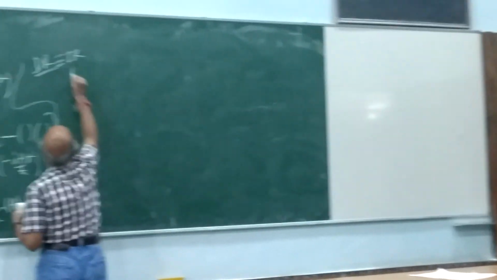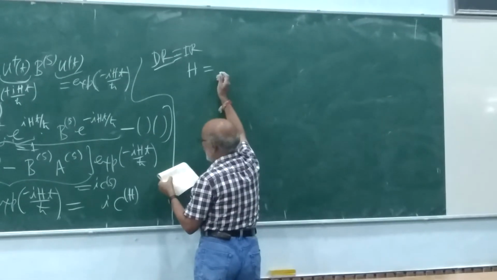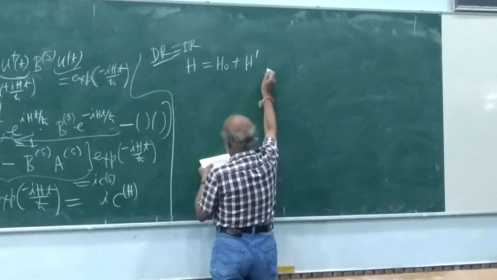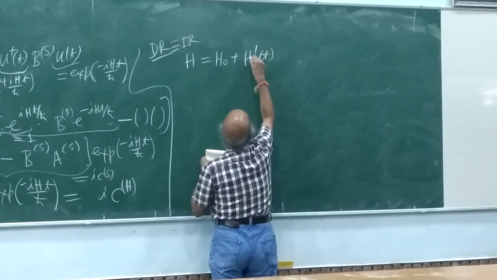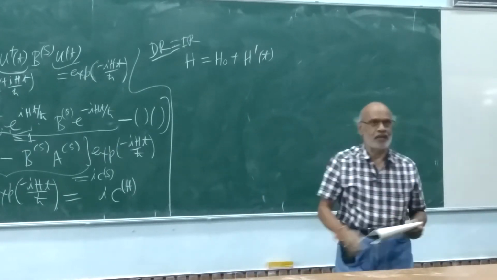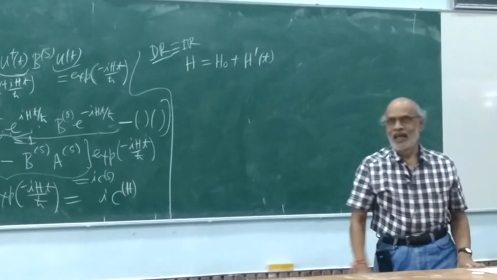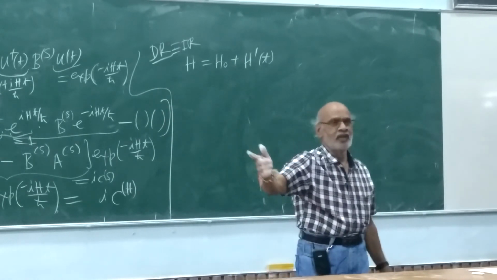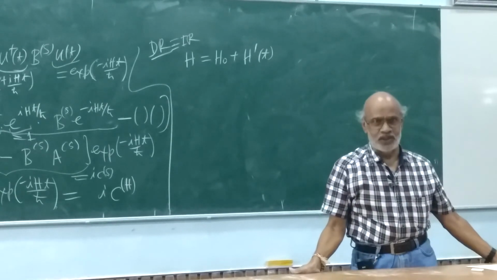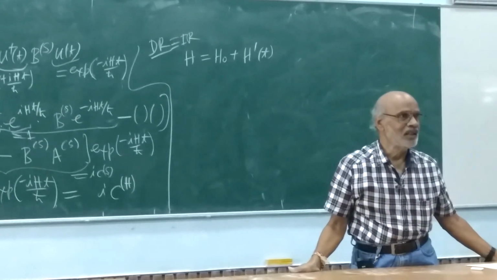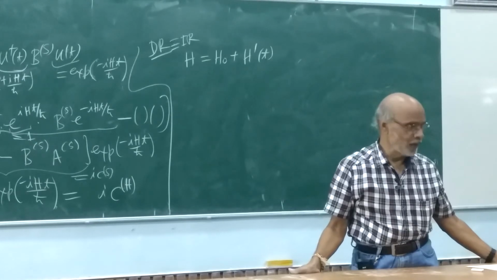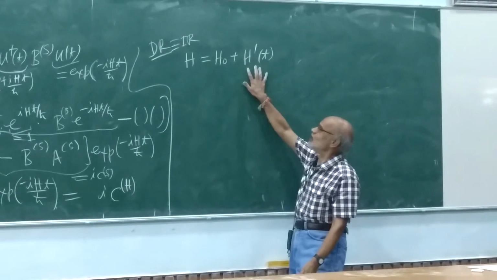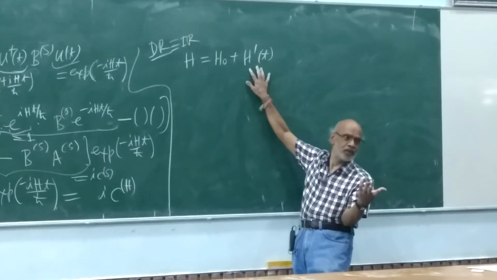So what do I do? I consider theories where the Hamiltonian is equal to H0 plus H prime, and H prime is a function of time. So, actually, these are physically more interesting theories. This is called the free part of the Hamiltonian and this part is called the interaction part of the Hamiltonian.